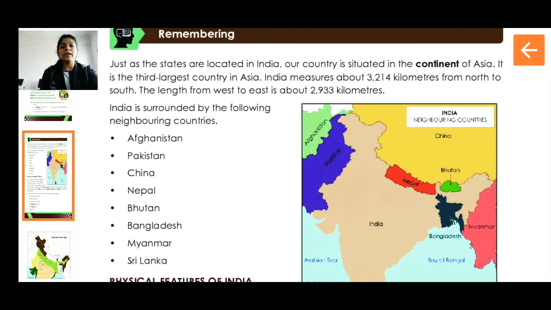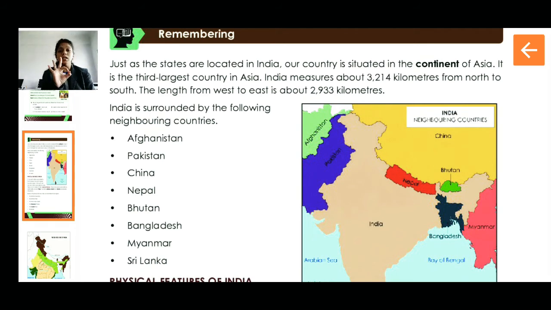The length from west to east is 2,933 kilometers. So students, as we know, there are different continents. So the biggest continent, that is Asia. So India is situated in Asia and India is the 3rd largest country in Asia.